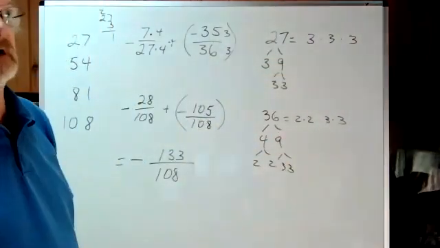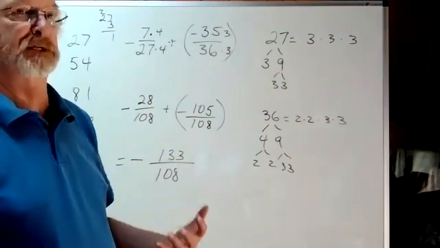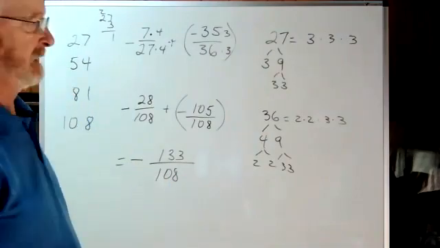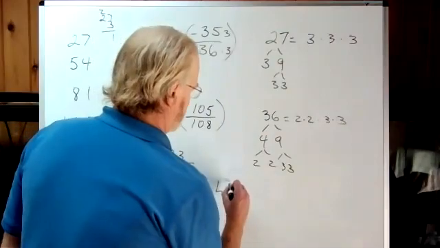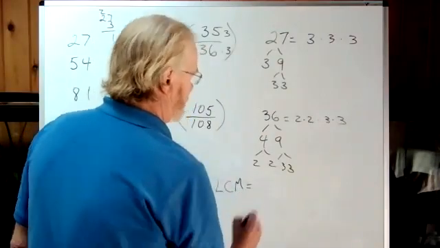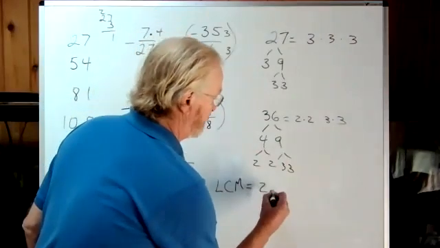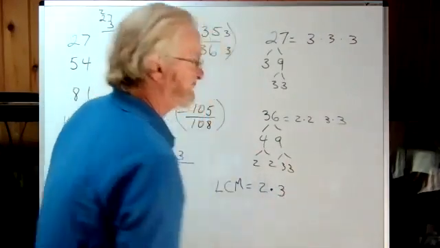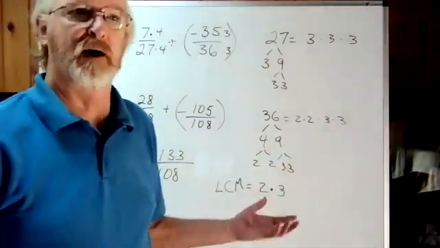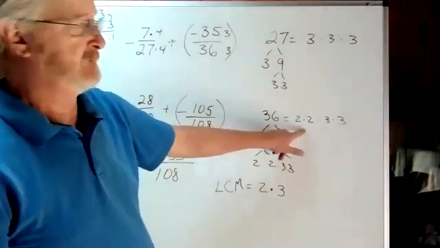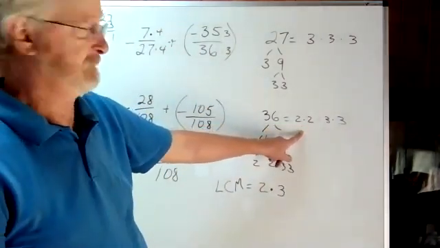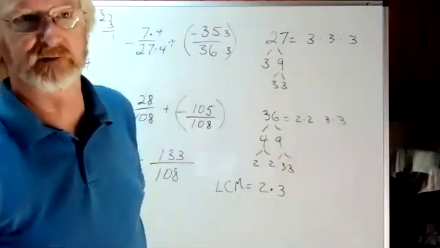Well, now I'm going to build my lowest common denominator, least common multiple. It's just 2's and 3's. So I need 2's and 3's. What's the largest number of 2's required by either of the numbers? I need 2 2's to get some number that 36 will fit into.